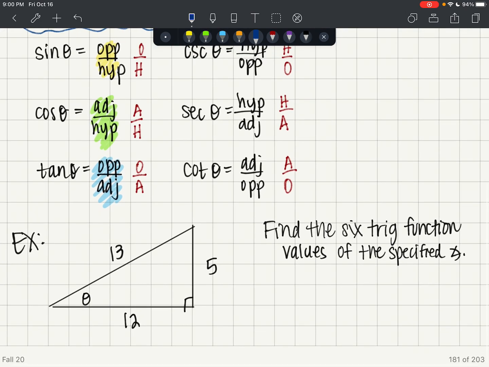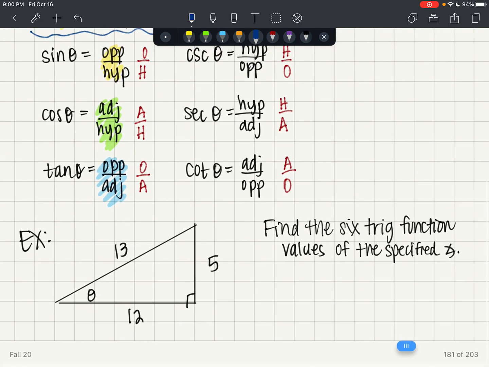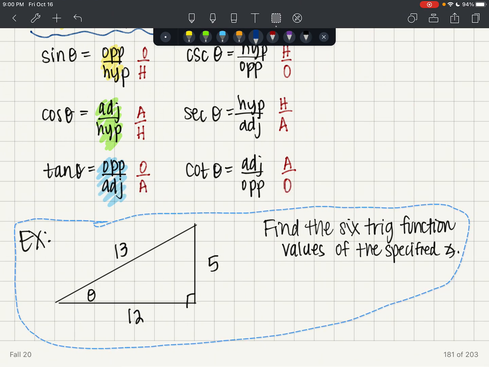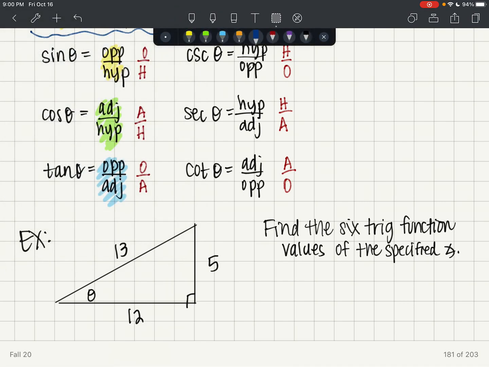We've got this right triangle, 5, 12, 13 are the side lengths. We want to find the 6 trig function values of the specified angle. Now I'm going to need a little bit more room, so I'm going to copy it onto another page.